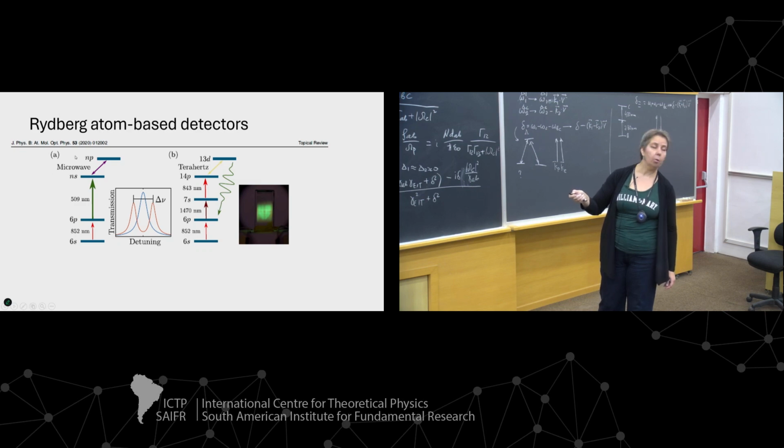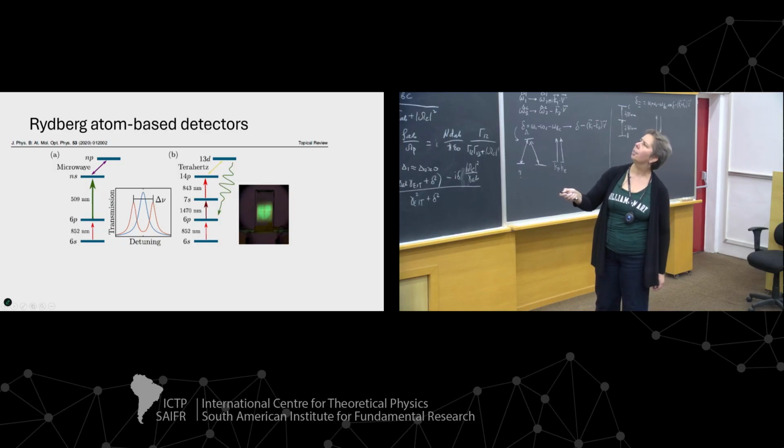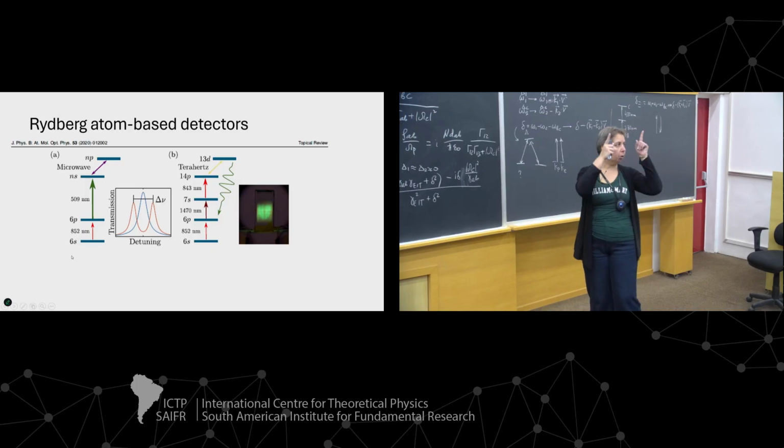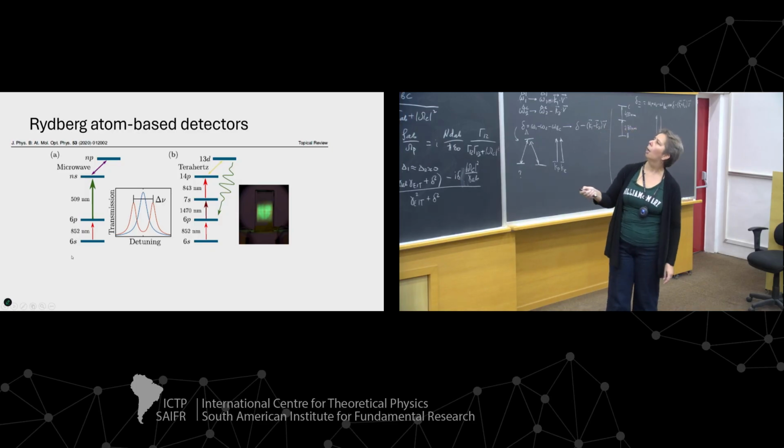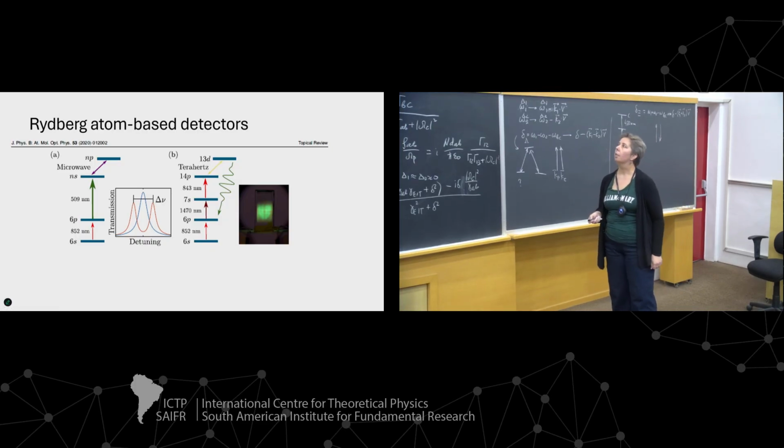It's called Autler-Townes splitting, produced by the microwave field between the two Rydberg states. Again, in the dressed state picture, we start splitting this resonance into two. And therefore, instead of one nice peak, we have two peaks corresponding to the positions of the two resonances. And because in the dressed state picture the splitting is proportional to the Rabi frequency of the field, that's what we measure.